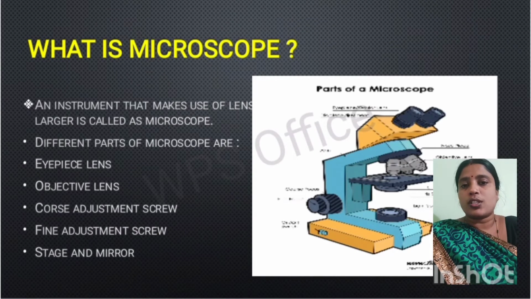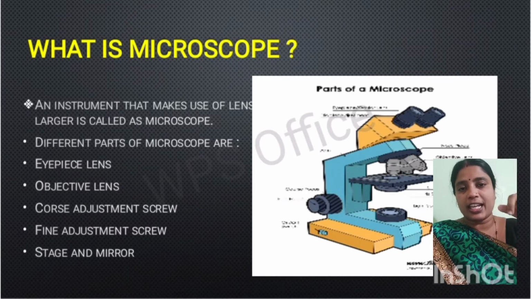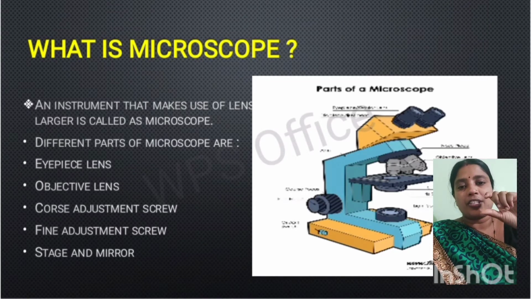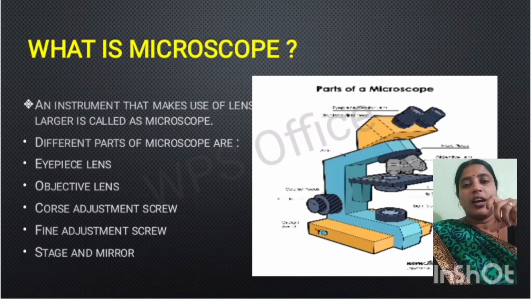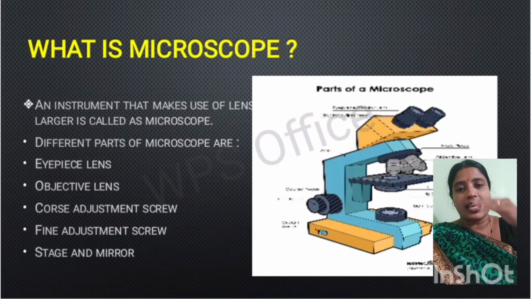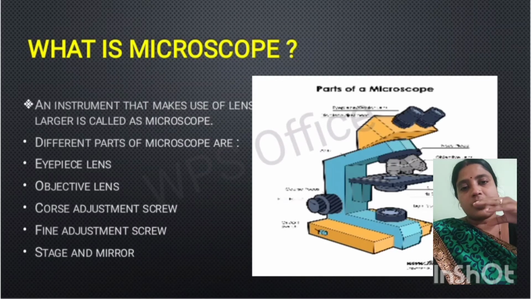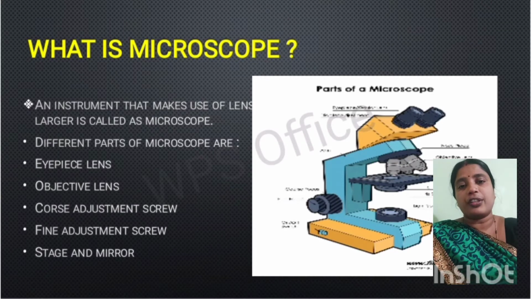Next is the coarse adjustment screw. This is a knob which you can see here in the image. This knob is used to move and adjust the distance between the specimen or object and the lens, and it helps us to view that object.